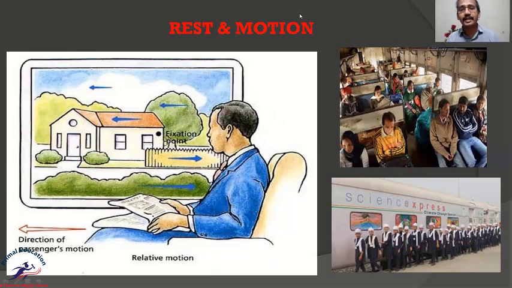Now we can observe how rest and motion are relative terms. Passengers are sitting in a train. You can see the passengers. These passengers are at rest. Yes, the train is moving, but according to each other, both are at rest.